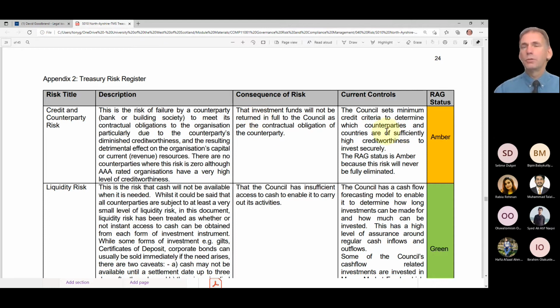So they're saying what they do about it. They have credit criteria. So if you set up Tony's bank and say, hey, deposit all your money with me, they might politely decline on the basis that it's not worth it. So they will deposit money in places where they are comfortable.